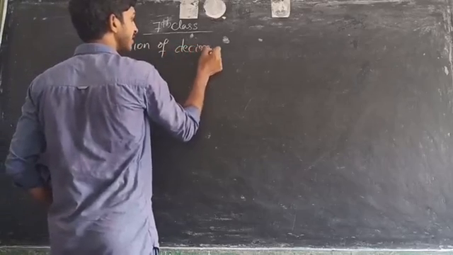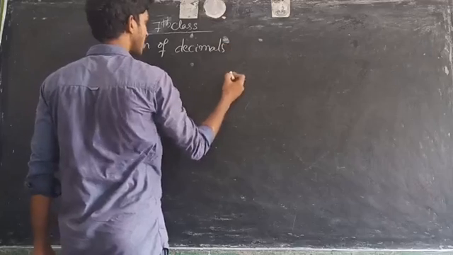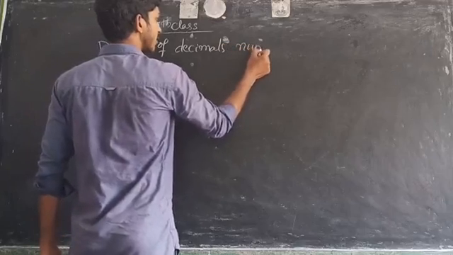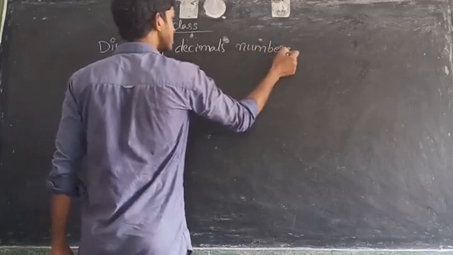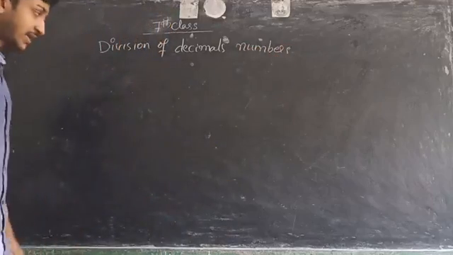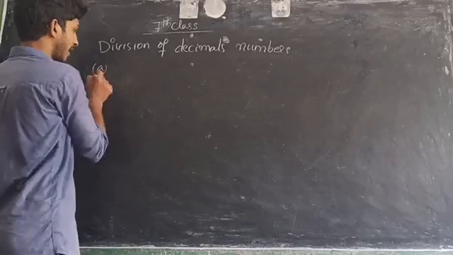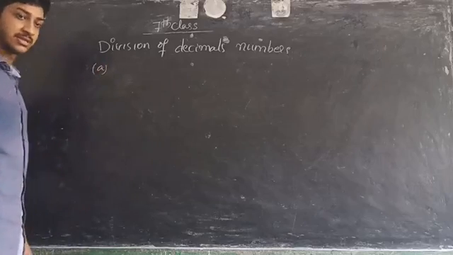Decimal numbers. In this division of decimal numbers, we need to discuss three types, and there are problems on these three types.